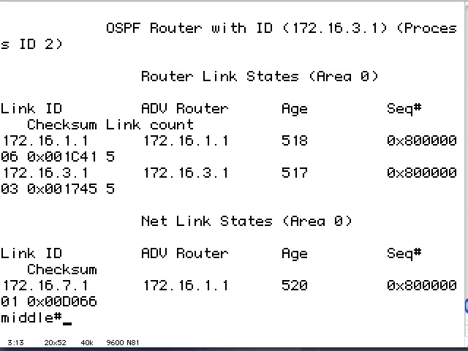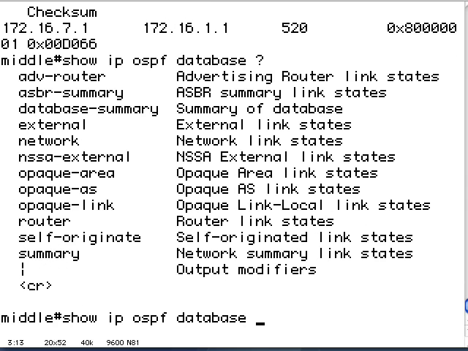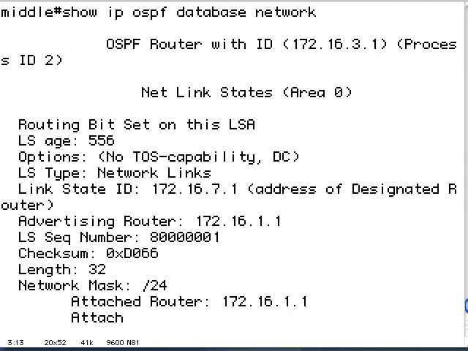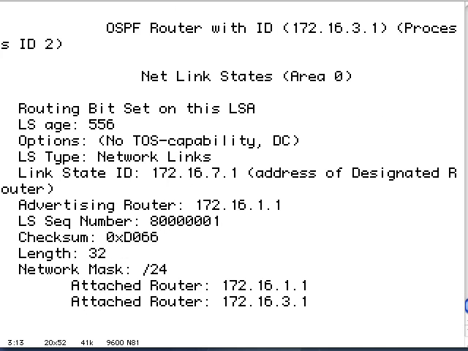Let's look at that network LSA. This will be the first time we look at a network LSA. Show IP OSPF database, hit question mark, and you can see the option we've been using so far is router, but here's network, which is another type of LSA. Show IP OSPF database network, and I'll hit return, and it shows me all my network LSAs, which I have 1.